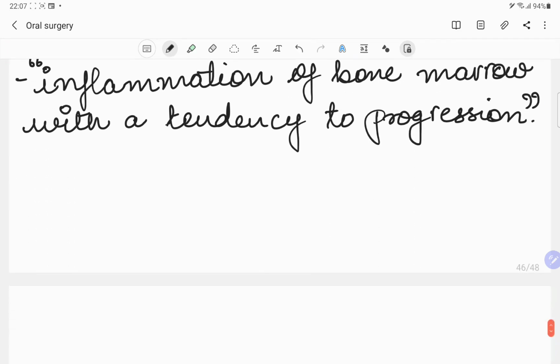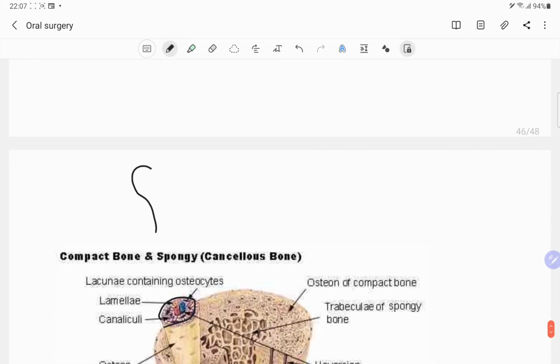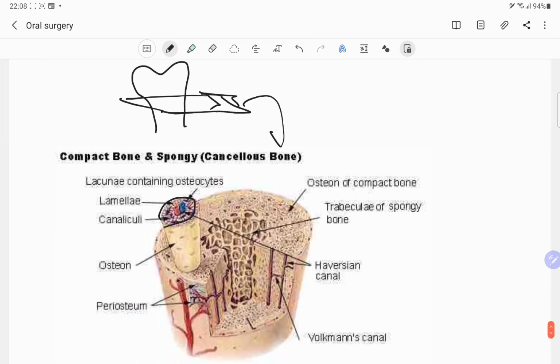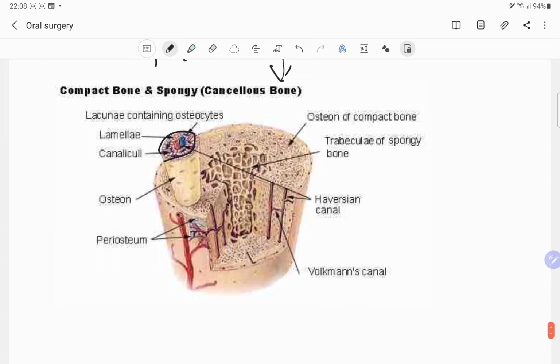If we take a cross section, as we know, osteomyelitis is an inflammation of the medullary space of a bone marrow, or we can say the myeloid space of the bone. So basically it's an inflammation of the bone marrow, but it can progress up to malignancy. Let's take a long bone and cut it. If we look at the cross section, we find inside this long bone a cavity which is sparsely placed.